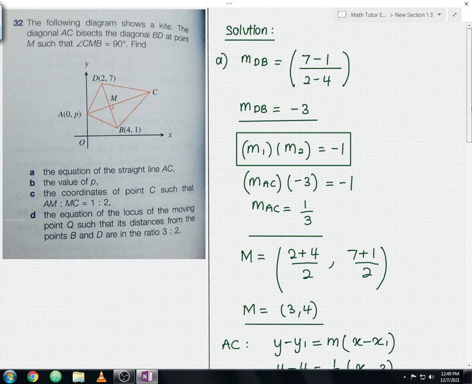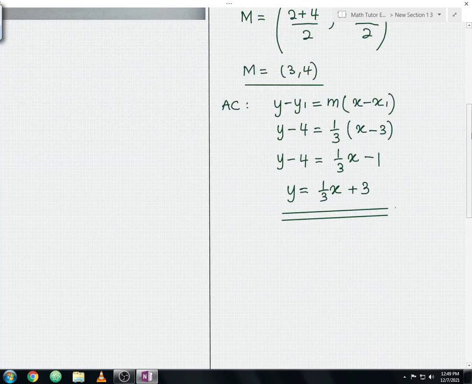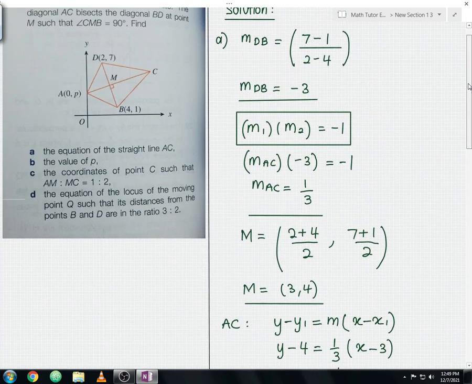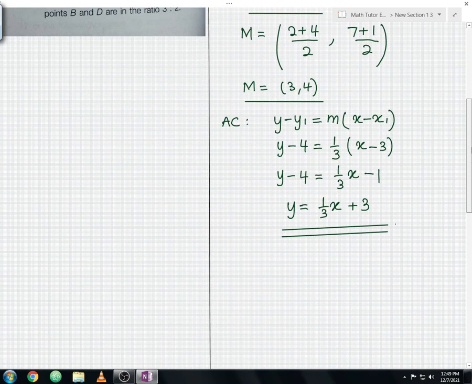Since we have already come up with the equation of the straight line AC, in order to find the P value, we just need to find the y-intercept. The working will be very simple, guys. To calculate the y-intercept of AC, you set your x equals to 0.